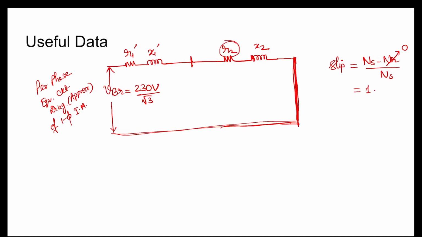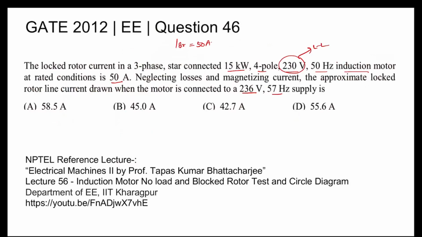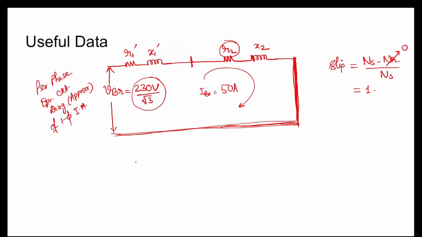So this is a short circuit, as maximum current will flow. So at this condition, with 230 by root 3, the current that is flowing is 50 ampere, that is I blocked rotor, and power is given to be 15 kilowatt.